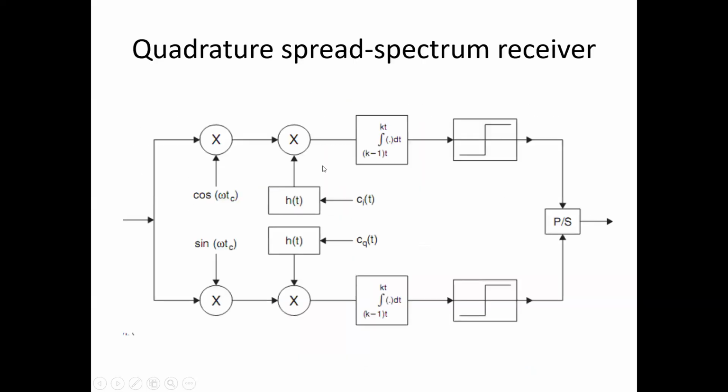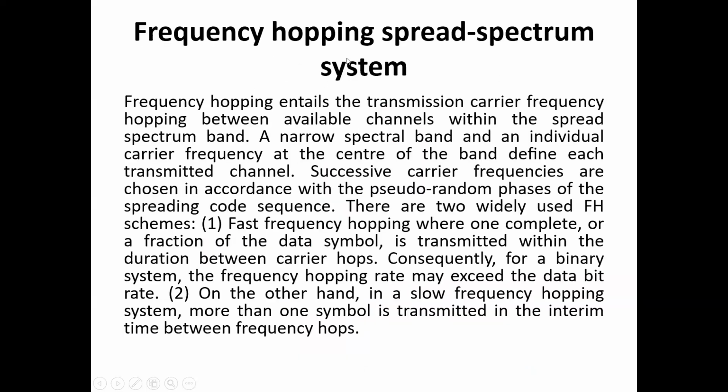Now, going back to the frequency hopping spread spectrum system. Based on this idea, I mean that 3D diagram in the frequency domain, the carrier will jump among the available channels. Two kinds of frequency hopping system we have: fast frequency hopping and slow frequency hopping.